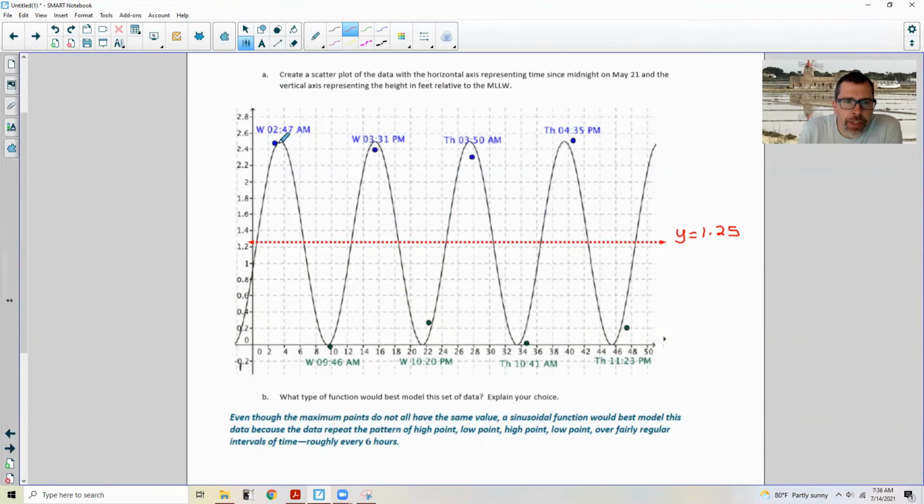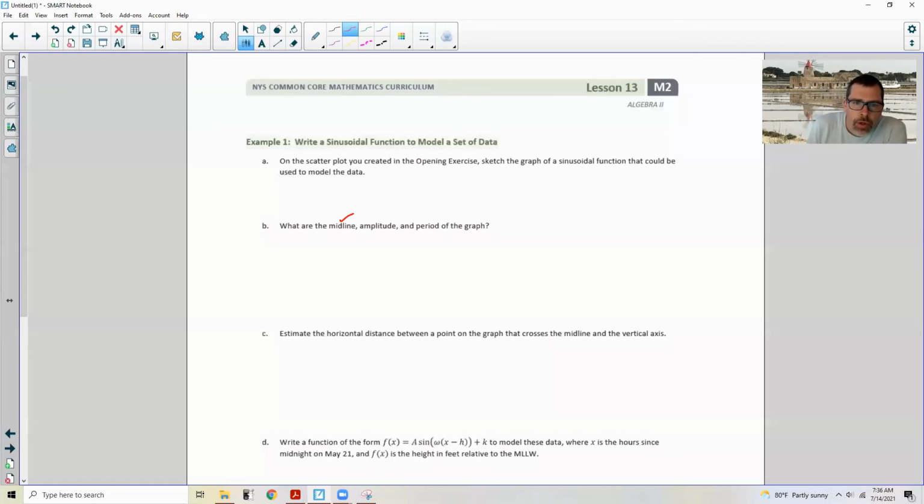The amplitude here is going from 1.25 to 2.5, which is a distance of 1.25. And this is a distance of 1.25. So therefore, the amplitude is 1.25.